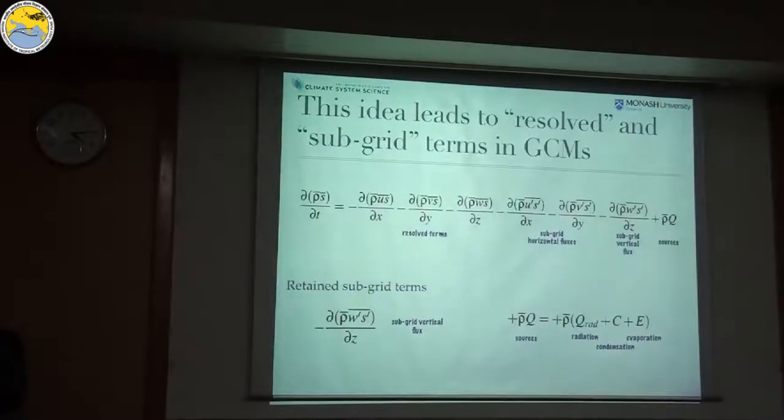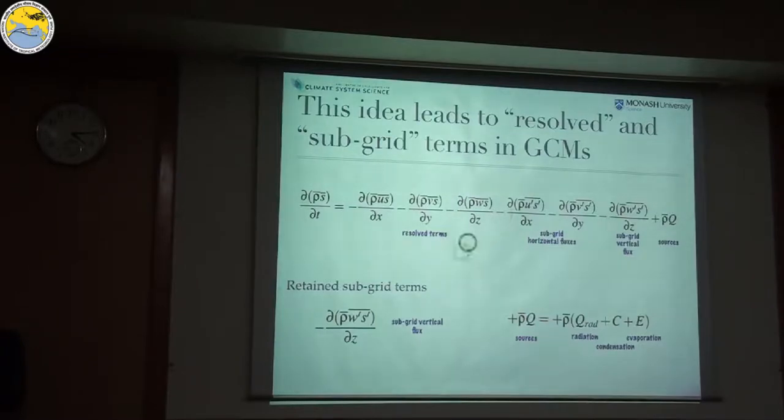Then we say, okay, if we believe that idea, and we went through the exercise of deriving this on Monday, the equations that we use in our models we can divide into two parts. One becomes the resolved part, so that's the bit that the dynamical core of the model is trying to solve. And then there's a subgrid scale part, a part that is not resolved by the model.